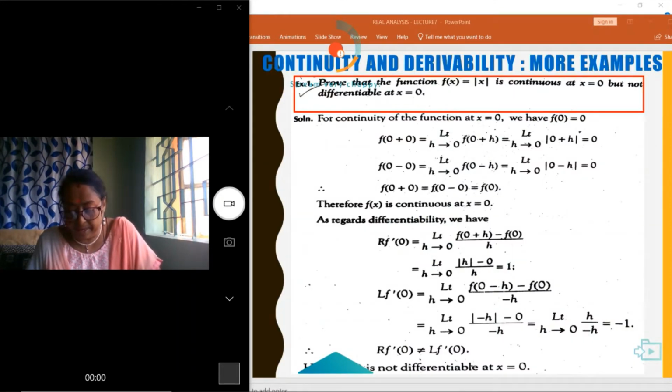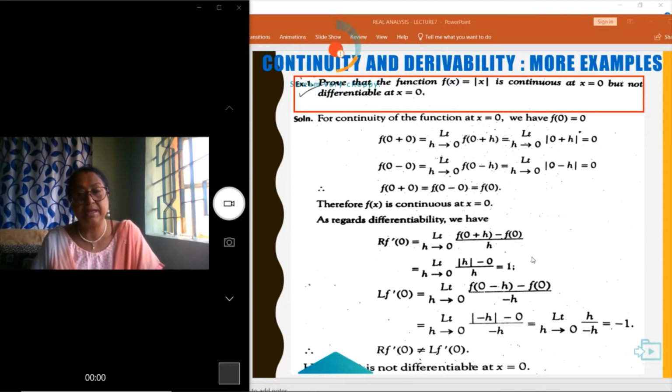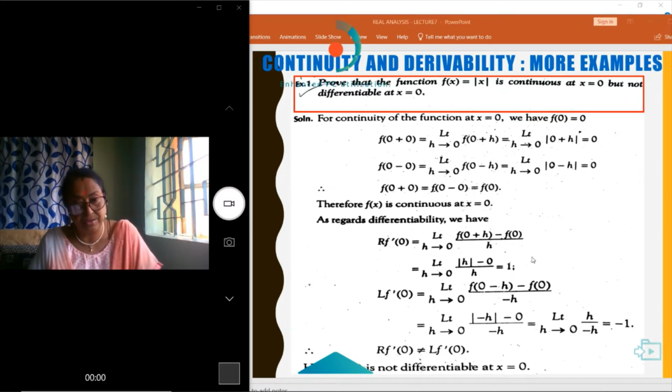Example: prove that the function f(x) = |x| is continuous at x = 0 but not differentiable at x = 0. For continuity we have to check the left hand limit, the right hand limit and the central limit at x = 0. For that we write f(0+0), f(0-0) and f(0).